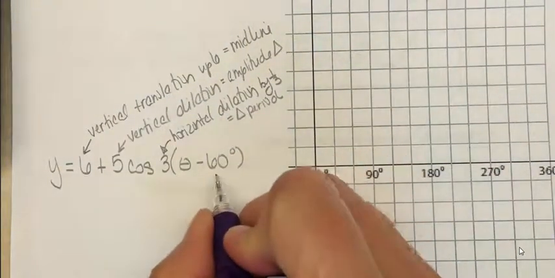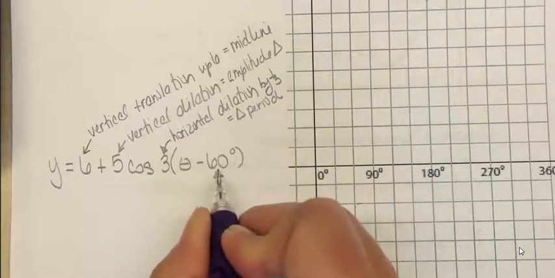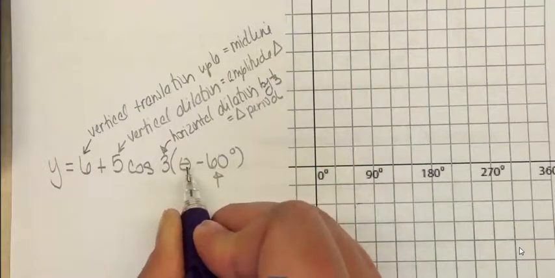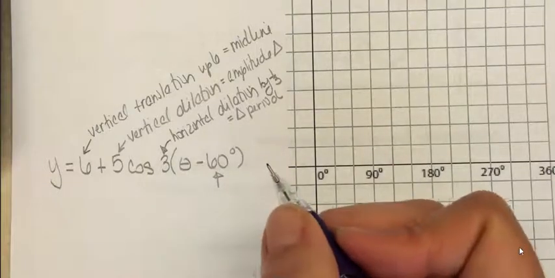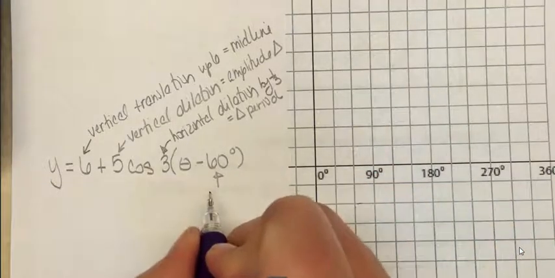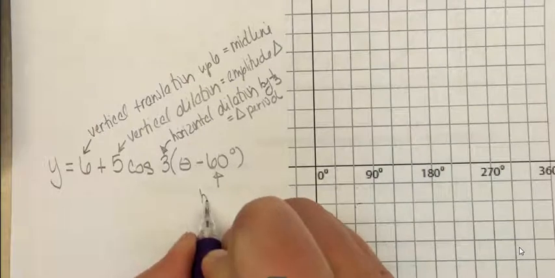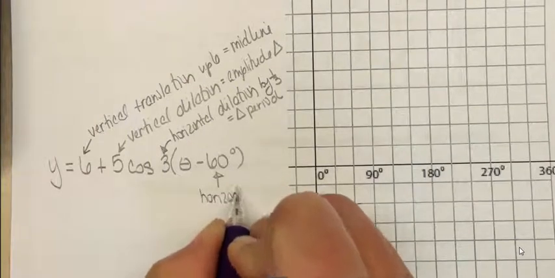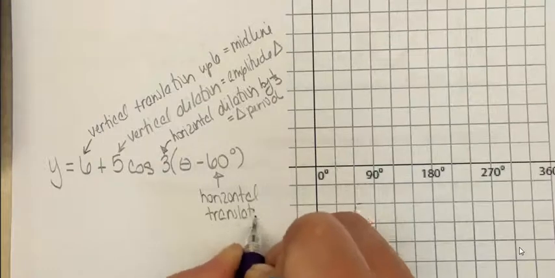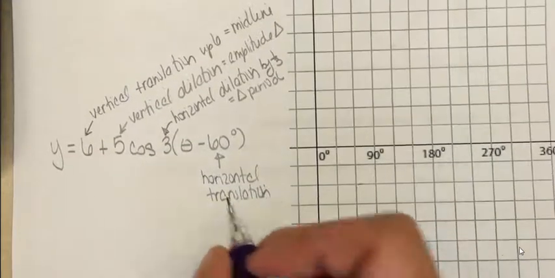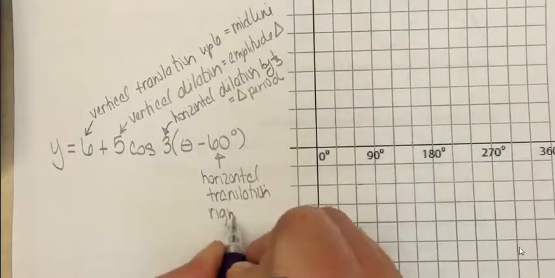And then hopefully you're recognizing the 60 degrees in here is happening to your input. That's what we're used to seeing as H, but now they're using D for that. So we are doing a horizontal translation right 60 degrees.